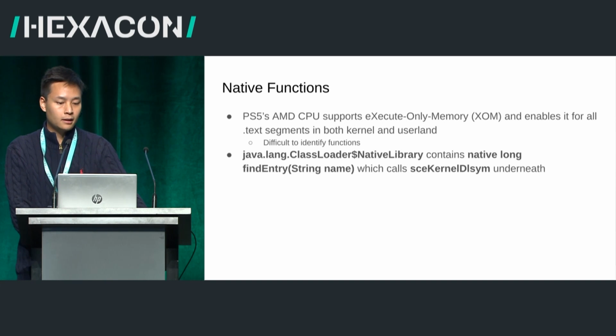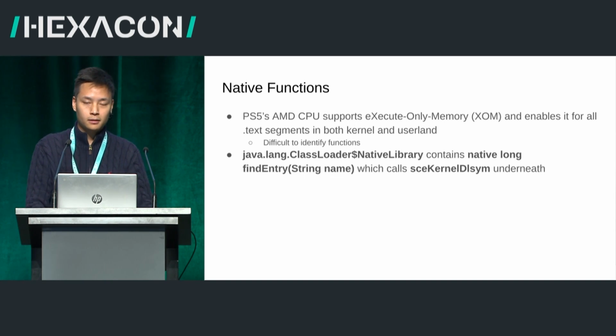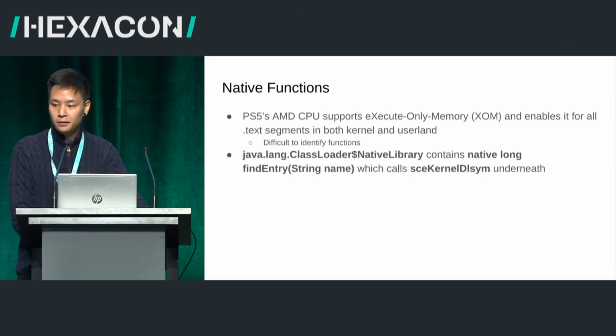It turns out that the ClassLoader contains a static class called NativeLibrary, which contains the native function findEntry that calls dlsym underneath. And that is the perfect primitive, as it allows you to identify addresses of all exported functions from Java. And it is also firmware agnostic, as you only need to provide simple names.